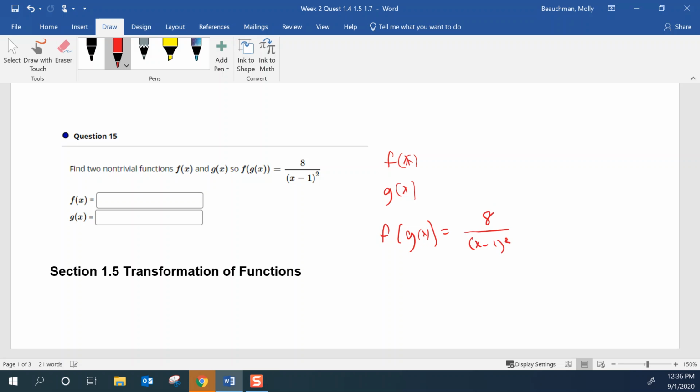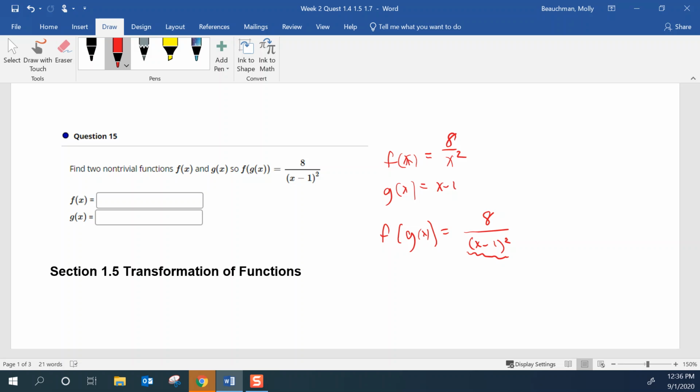this answer. So probably the easiest way to do this, and the way I think of this, is let g of x equal that x minus 1. And then let f of x equal, wherever this expression is squared, f of x could equal 8 over x squared.